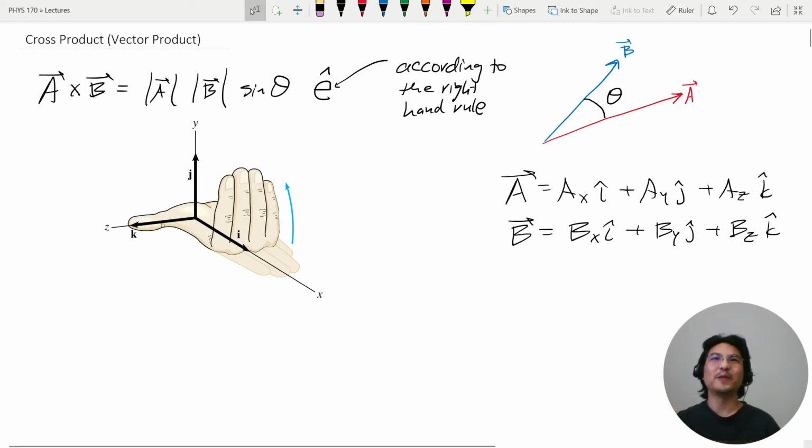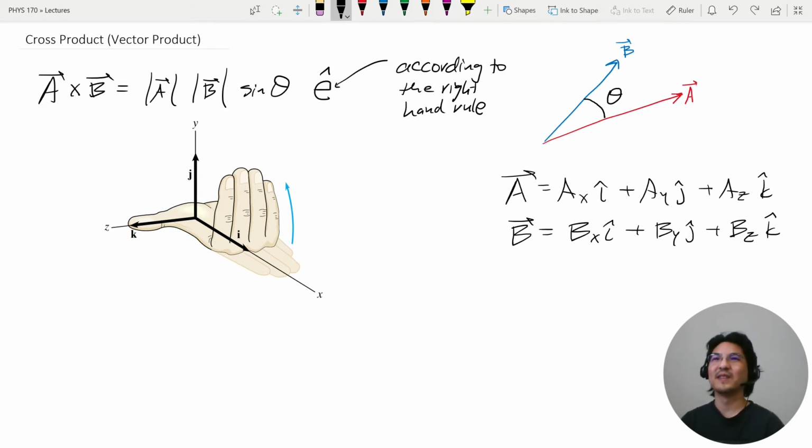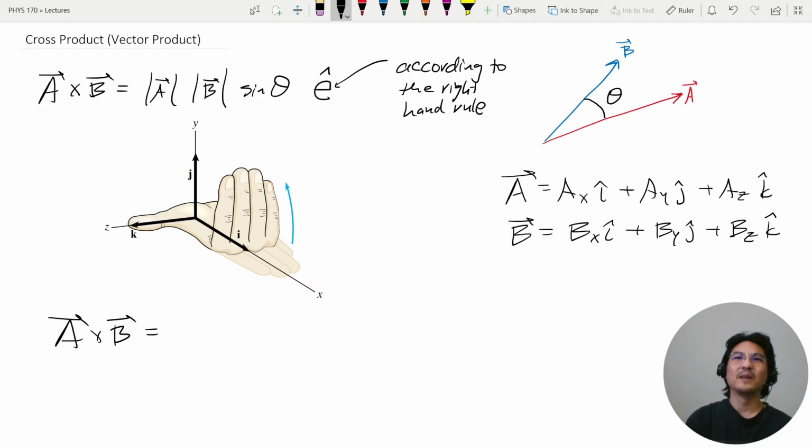Okay, so that's if you know the magnitudes and the angle. But let's say you know the vectors in terms of their components. Then the other way to do the cross product is component by component. You write it as this determinant, like this.